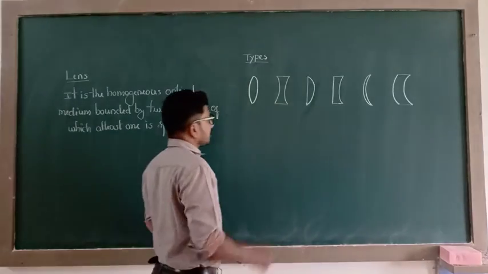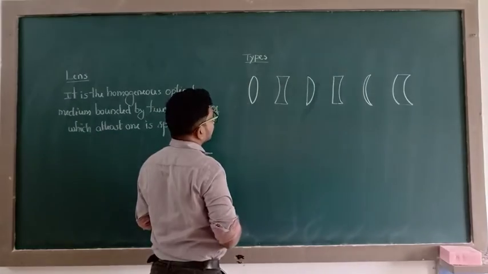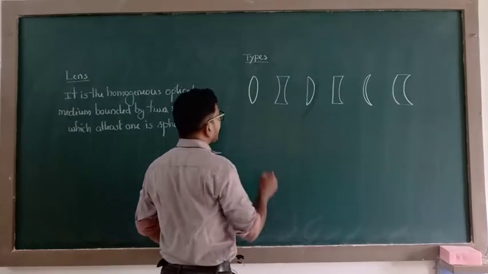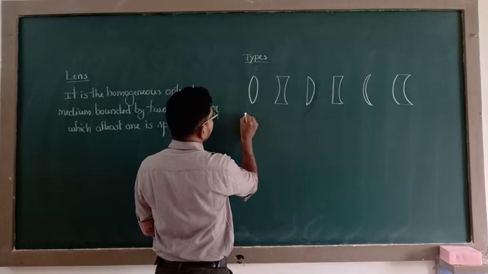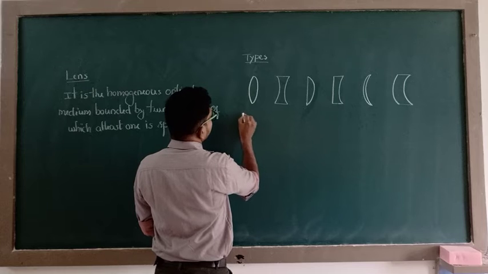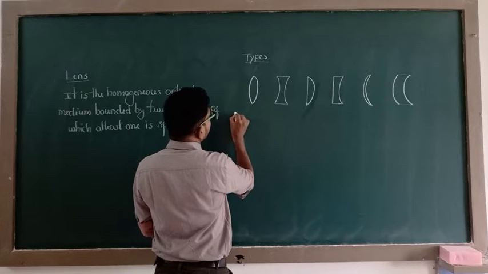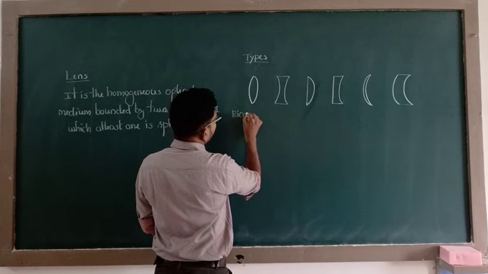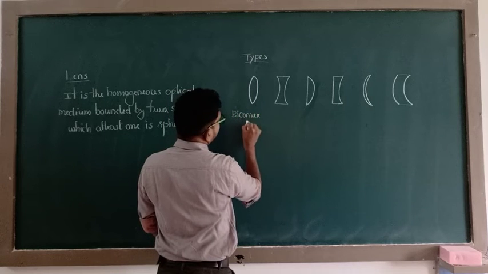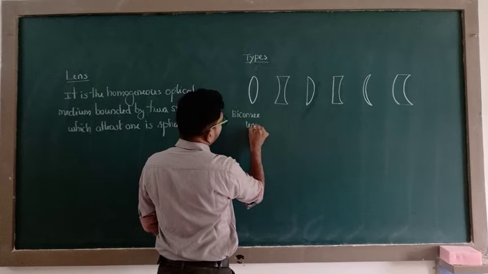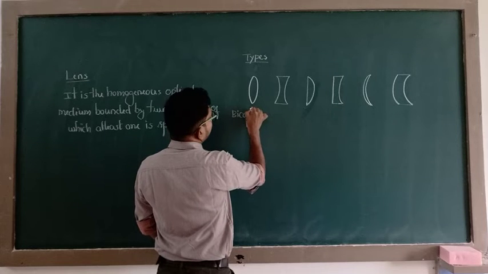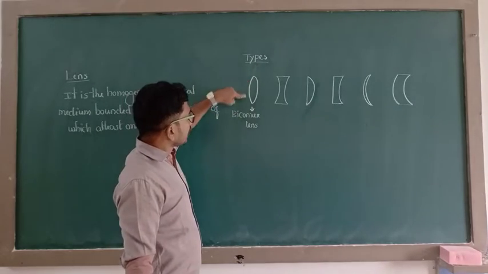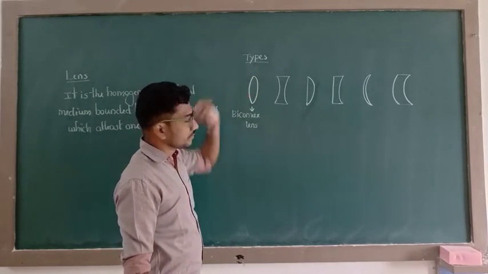So this is known as biconvex lens, because here convex shape.